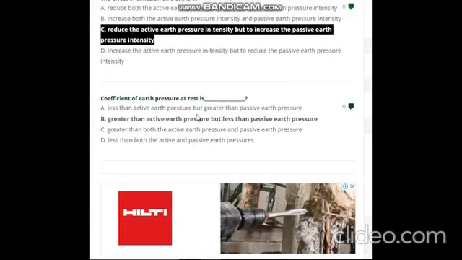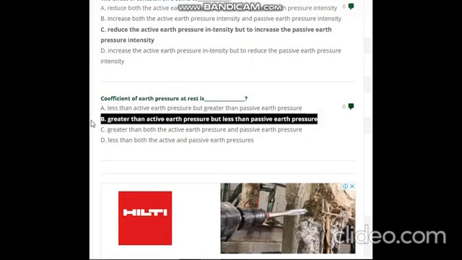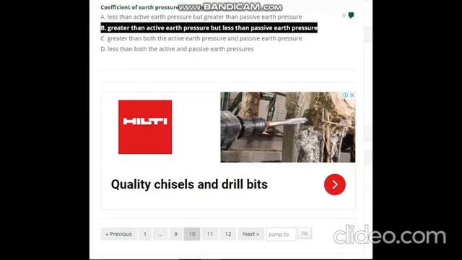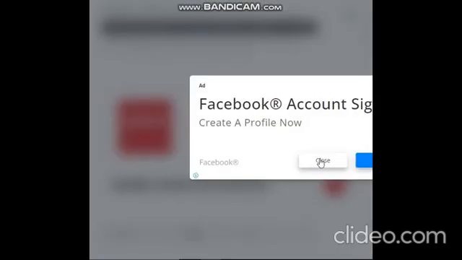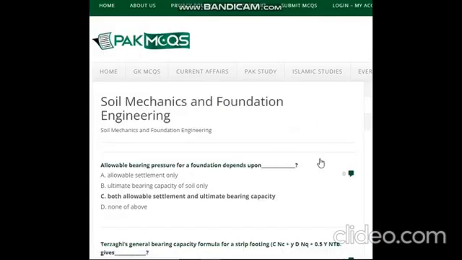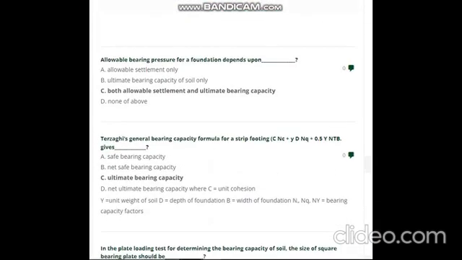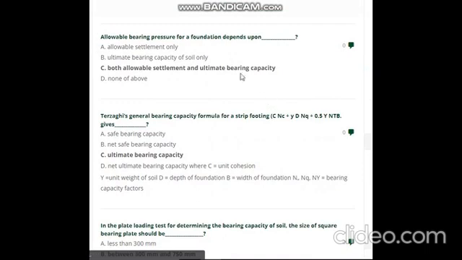Coefficient of earth pressure at rest is greater than active earth pressure but less than passive earth pressure. Allowable bearing pressure for a foundation depends upon both allowable settlement and ultimate bearing capacity.